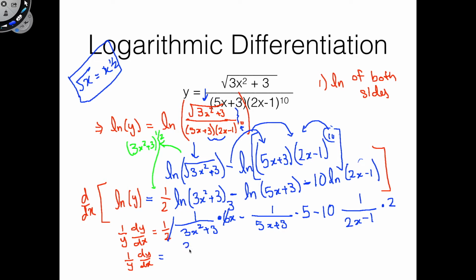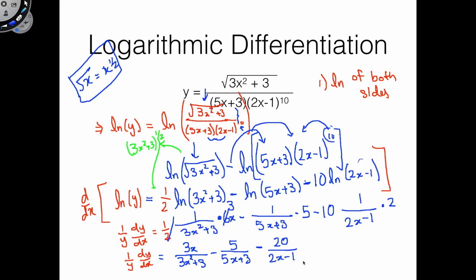So this is going to be 3x over 3x squared plus 3 minus, the 5 just goes on top, you can't do anything there, 5 over 5x plus 3 minus 10 times 2 is going to be 20, so we're going to have 20 over 2x minus 1.